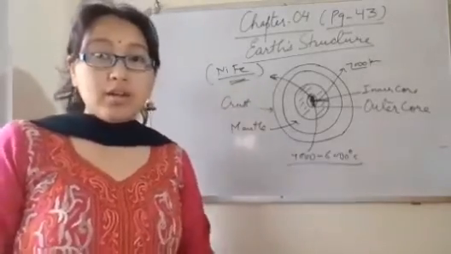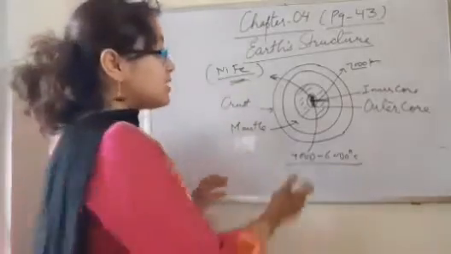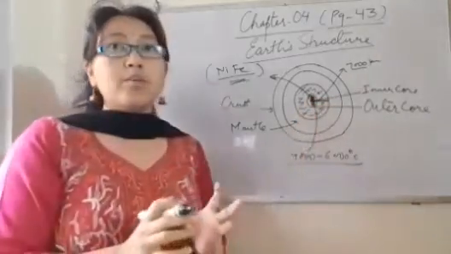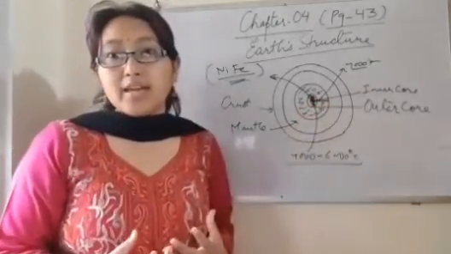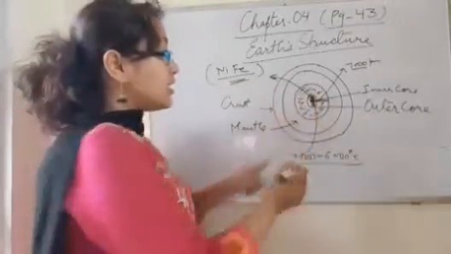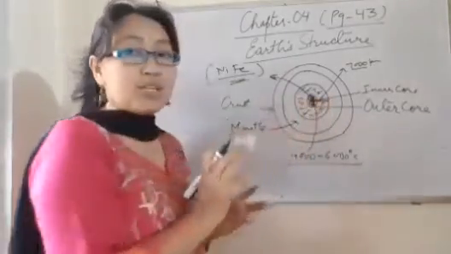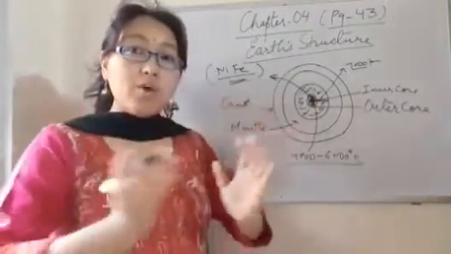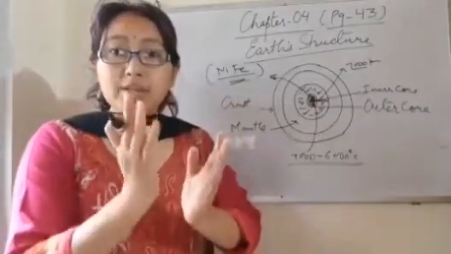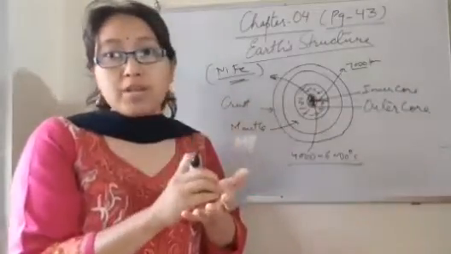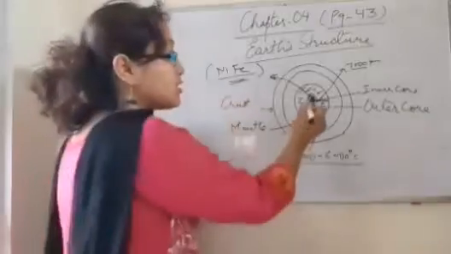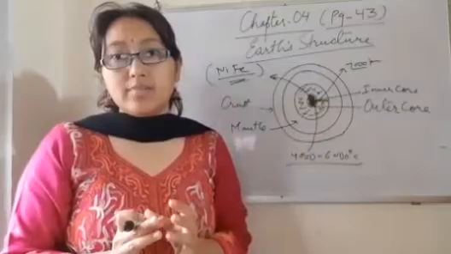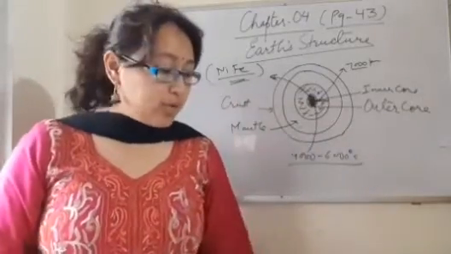So this is very important: the outer core has a very high temperature, right? But the inner core has a high pressure. Because of this, the center acts as a solid, not liquid, right? Okay.